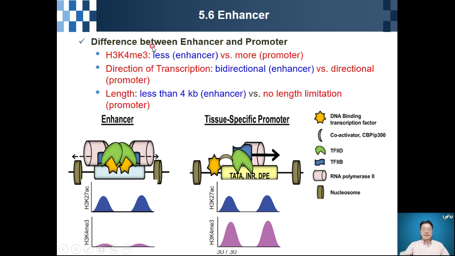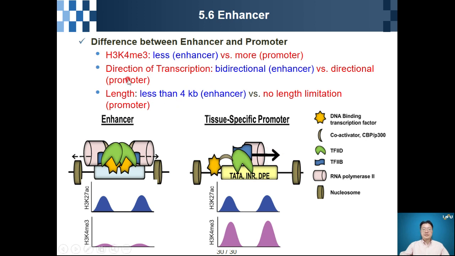The second difference is the direction of transcription. In the enhancer region, transcription is bidirectional. However, in the promoter region, transcription is unidirectional, only one direction.